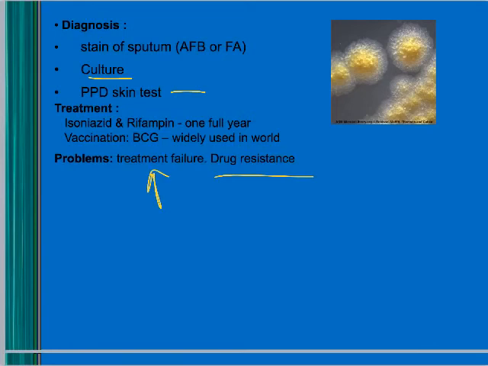You have to take the antibiotics for so long, and people don't do it. So now there's a bunch of antibiotic resistance around. What they suggest now is that you give them isoniazid and rifampicin, and it's a full year. But I think there's isoniazid resistance out there too.